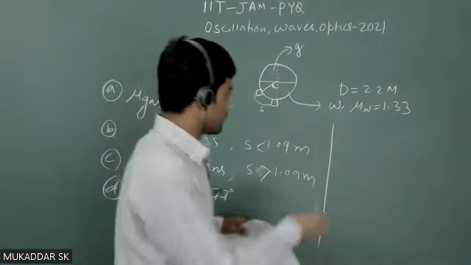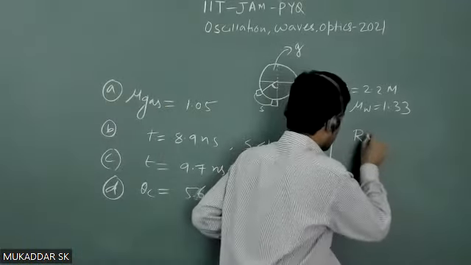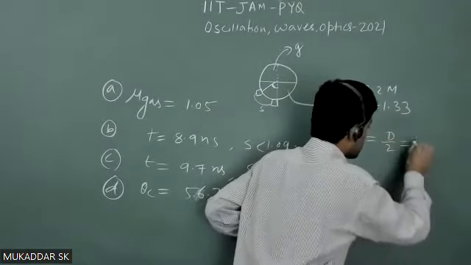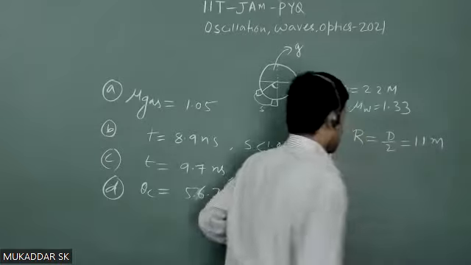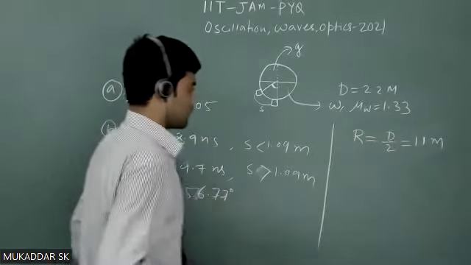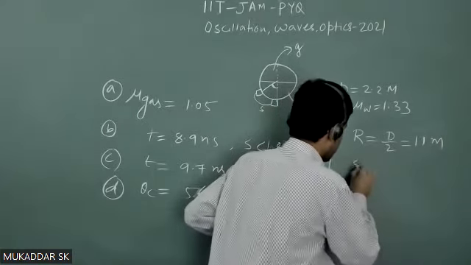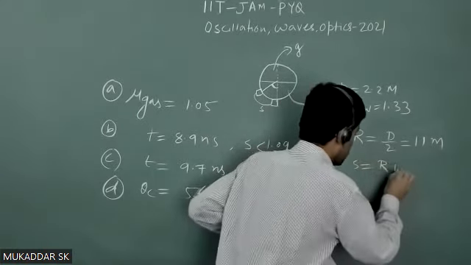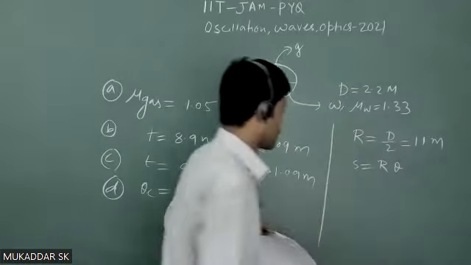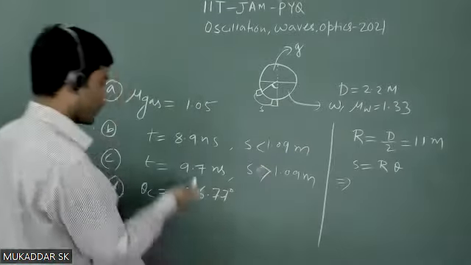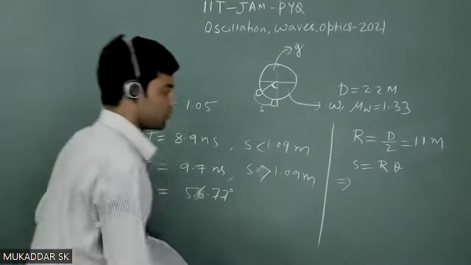So since the diameter is given, I can calculate the radius of this cylinder, that will be d by 2. It will be how much? 1.1 meter. Now I know that for any circular or curved surface, s equals how much? s equals r theta. Okay. So for s corresponding to 1.09 meter, we have theta equals theta c.